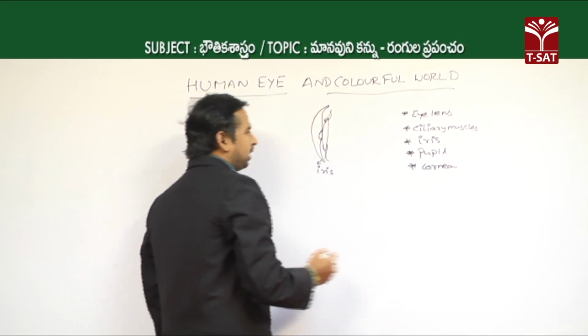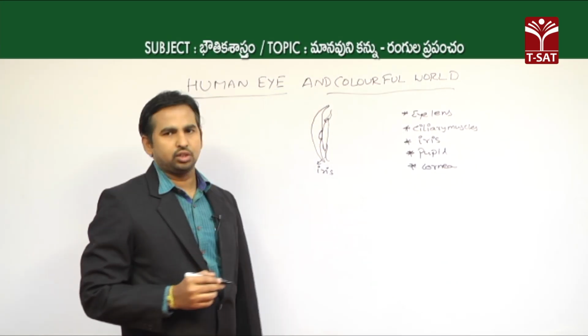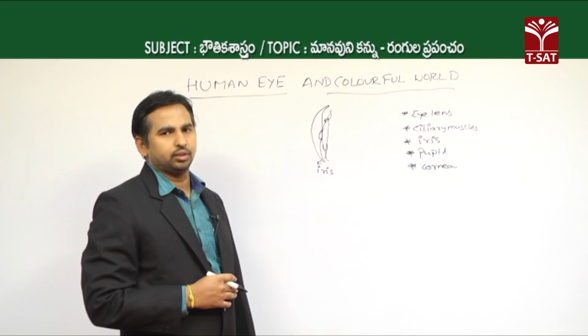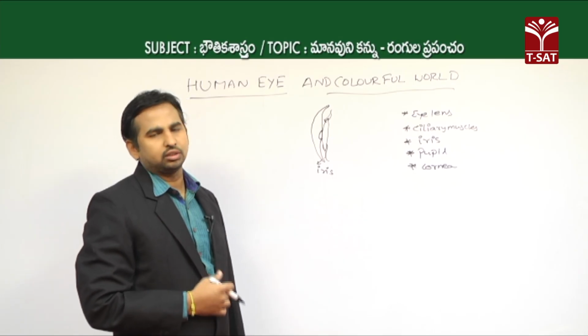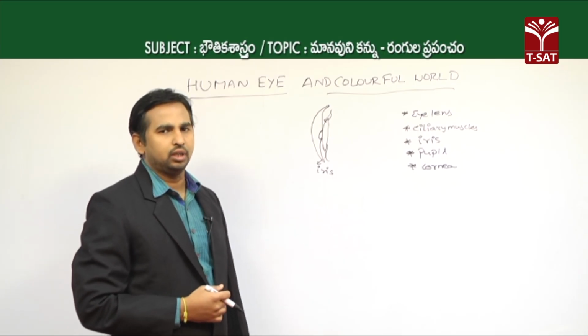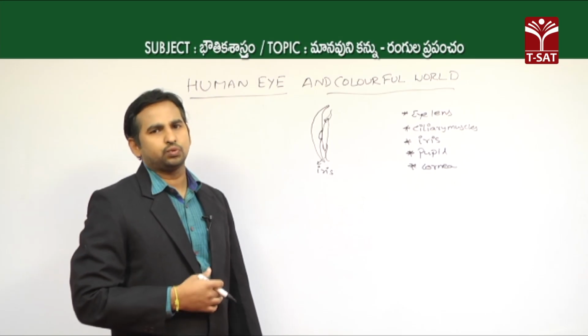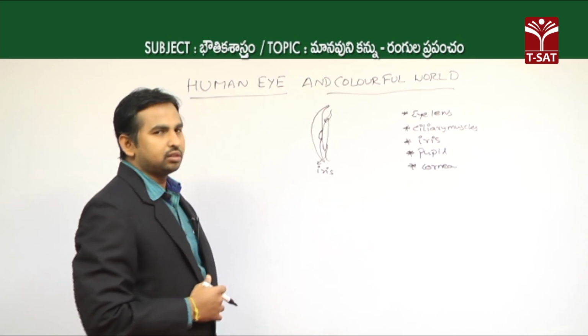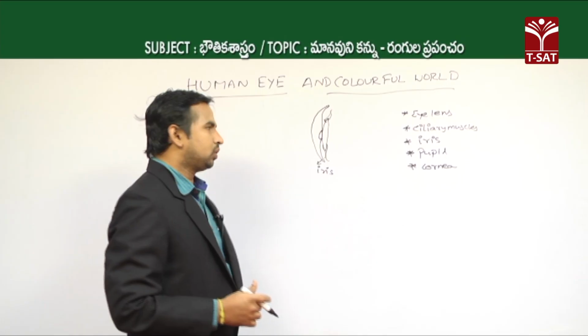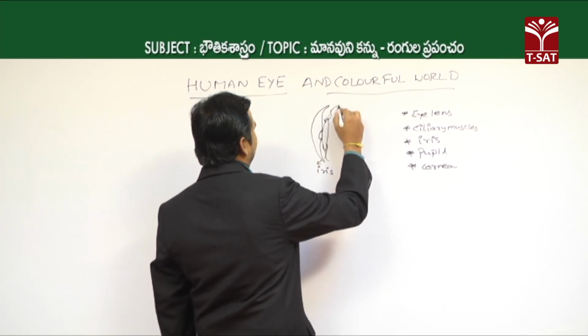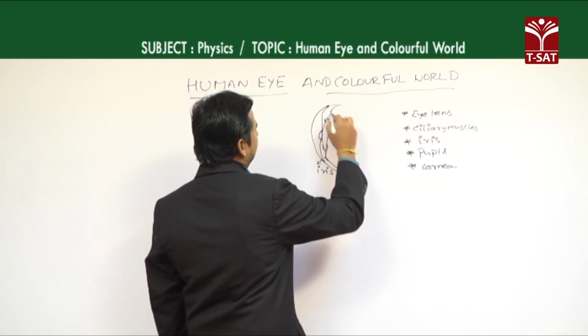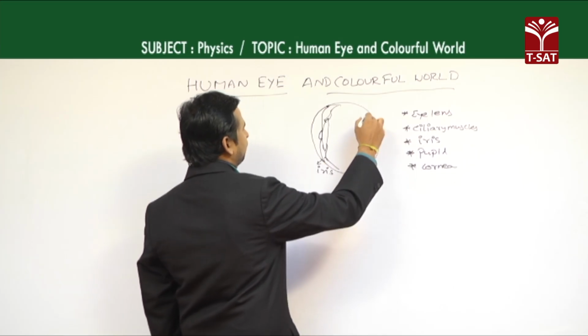Now, the light rays which enter the eye lens through the passage, the pupil, after refraction is over, meet at a point, and that point is called image formation. For our eye lens, the image is formed on the part called the retina. So the retina acts like a screen for our eye lens.